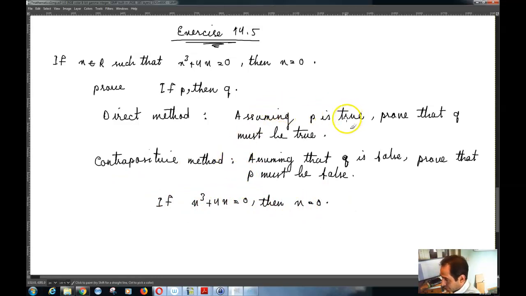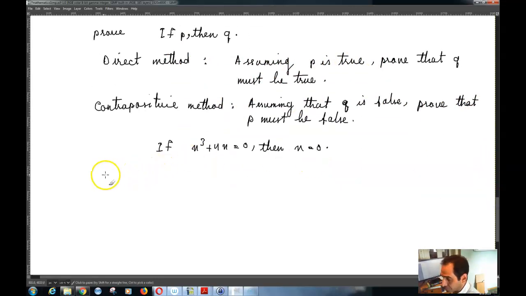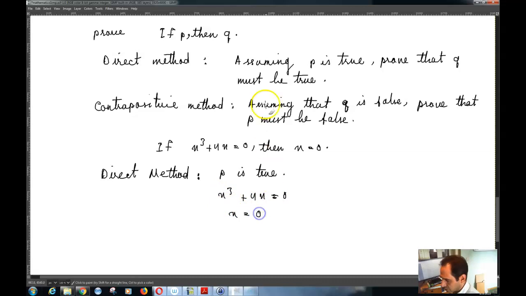Using the direct method, by assuming that P is true, which means that x cubed plus 4x is equal to 0, that gives me x is equal to 0 as we saw before.